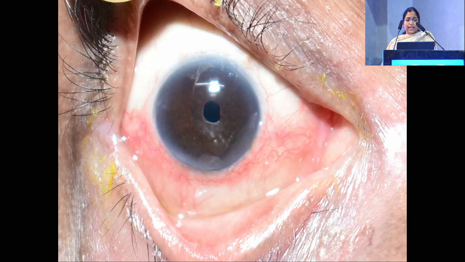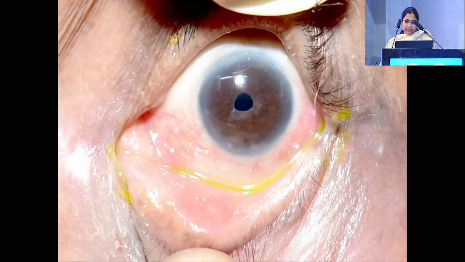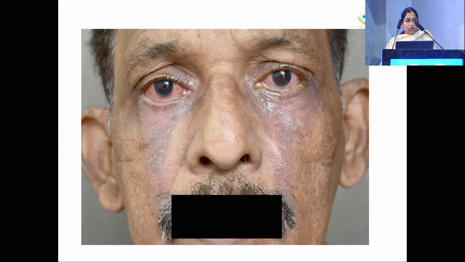So this is a clinical picture where there is conjunctival congestion and follicles. Note that the congestion is predominantly in the inferior fornix when compared to the superior fornix. This is the other eye of the patient. And when you take a closer look around the ocular adnexa, you see lid skin excoriation and lichenification, especially in the area where the anti-glaucoma medication has been spilled after instillation.